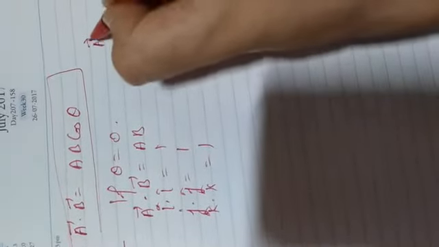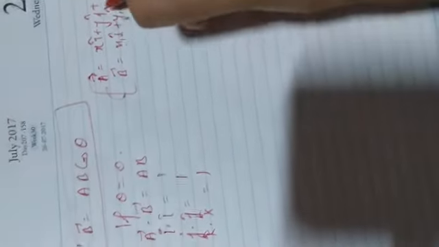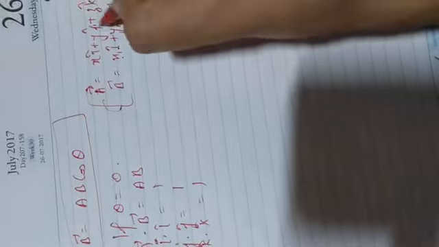Like this, we take two vectors, A vector equal to x i cap plus y j cap plus z k cap, and B vector equal to x1 i cap plus y1 j cap plus z1 k cap. Now we take their dot product. Then i dot i is 1, j dot j is 1, k dot k is 1, like this. Clear?